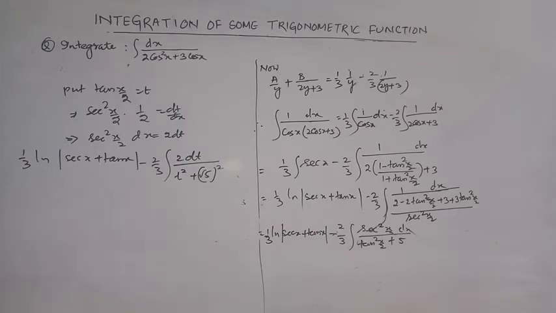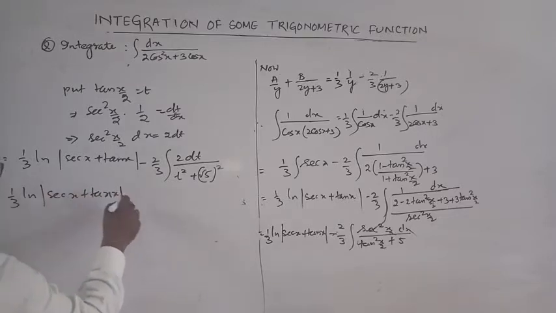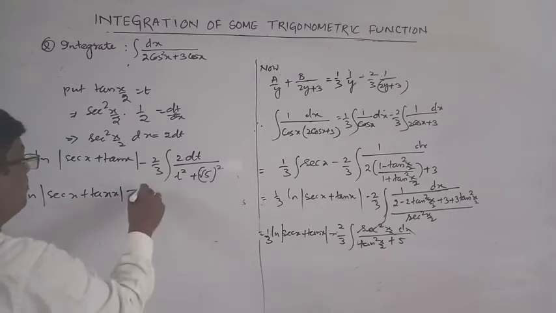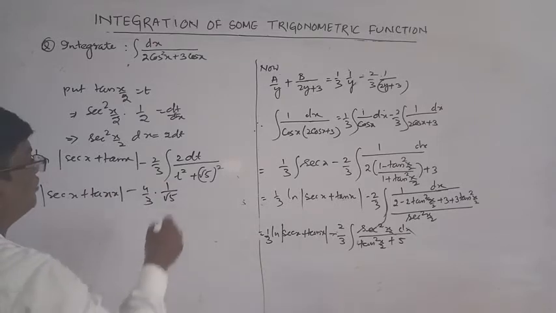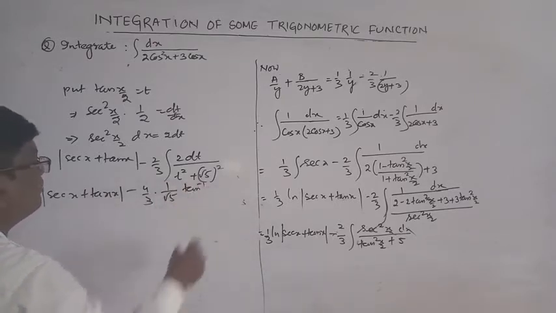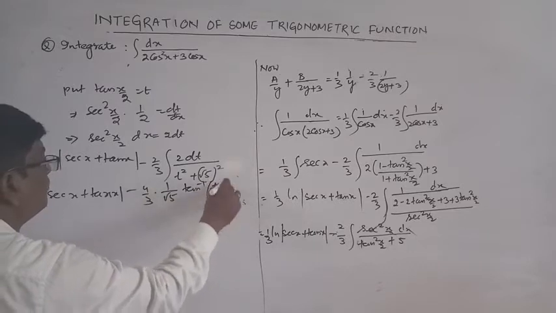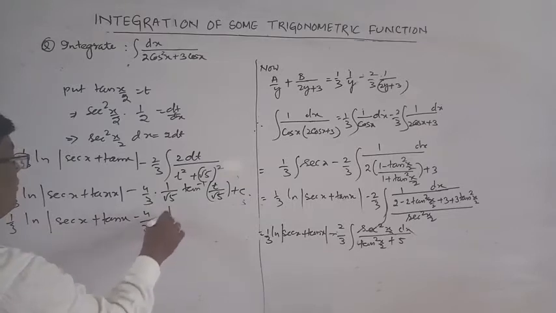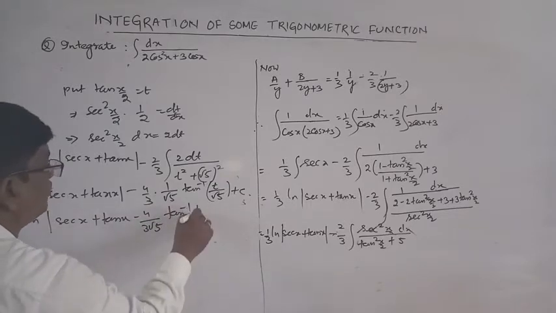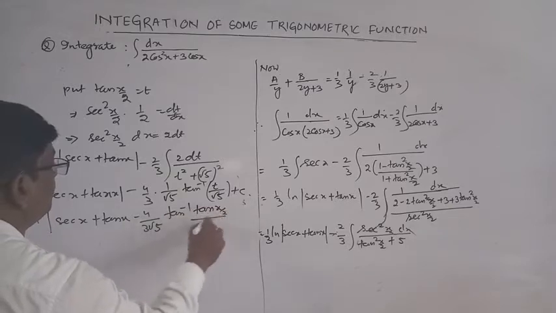Okay, so this is equal to 1 by 3 log of sec x plus tan x minus 4 by 3 into 1 by root 5 into tan inverse t by root 5 plus c. So this is equal to 1 by 3 log of sec x plus tan x minus 4 by 3 root 5 tan inverse of t, that is tan x by 2, by root 5 plus c.